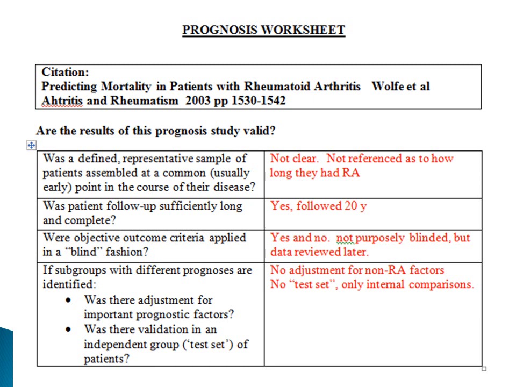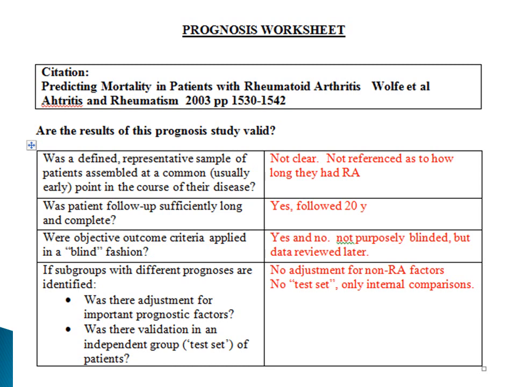Then the next question is, if subgroups with different prognosis are identified, was there adjustment for important prognostic factors? Well, there was no adjustment for non-rheumatoid arthritis factors, such as underlying heart disease or whatever.